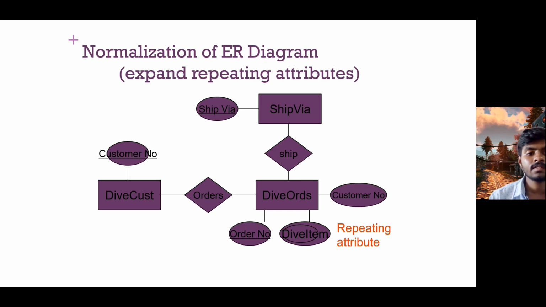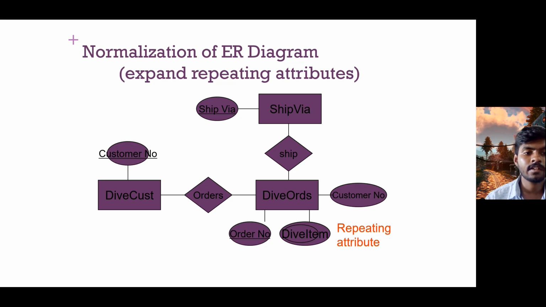So this is an entity relationship diagram. Here we have a customer number, and this represents an attribute. Drive-through customer is an entity, and it is a relation.